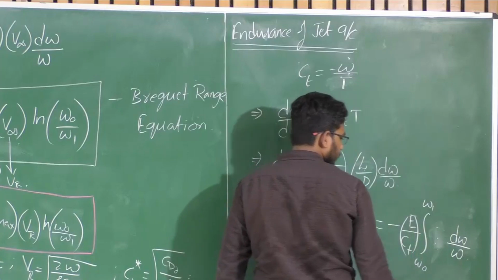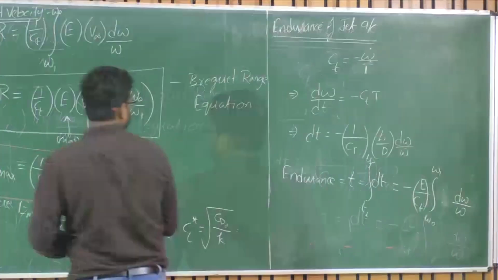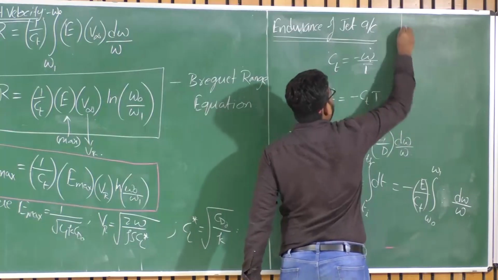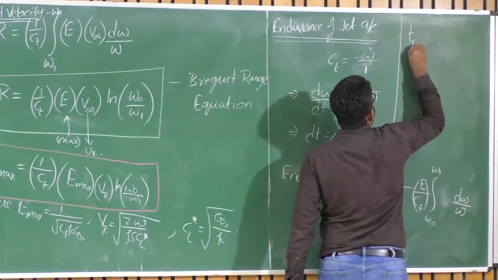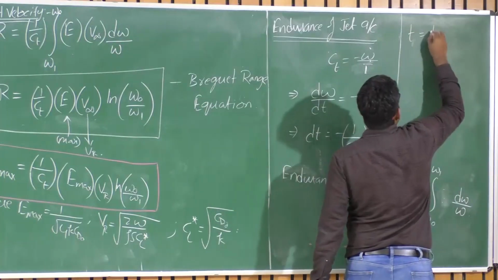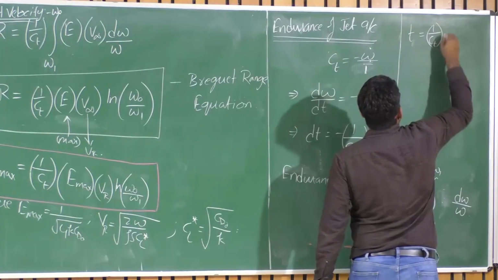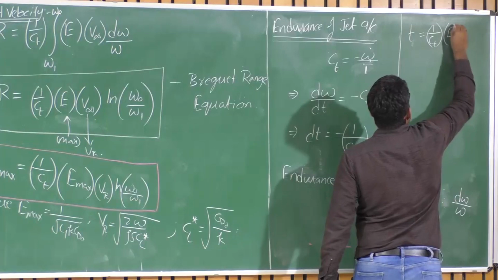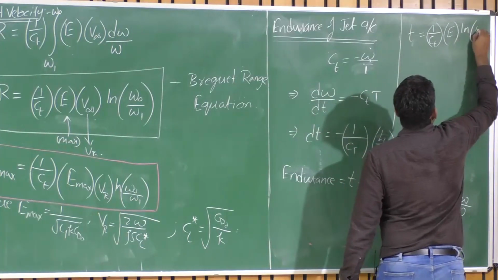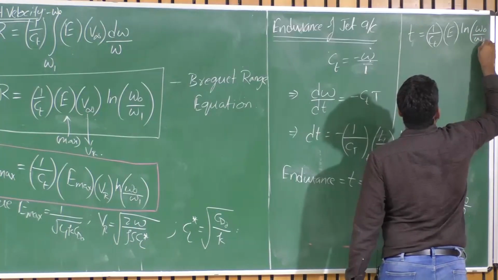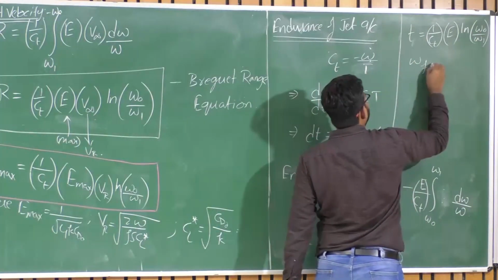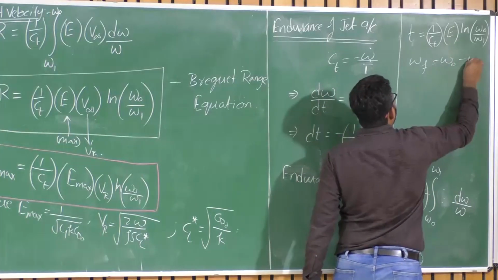Then you can solve this equation for T, which is equal to 1 upon Ct times E times ln of W naught upon W1, where again Wf is W naught minus W1.